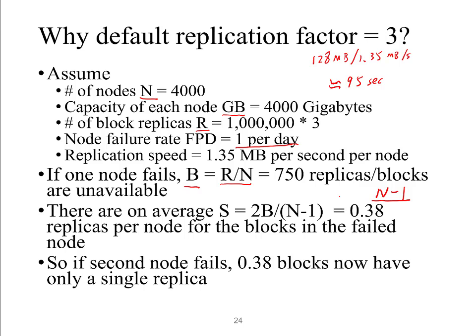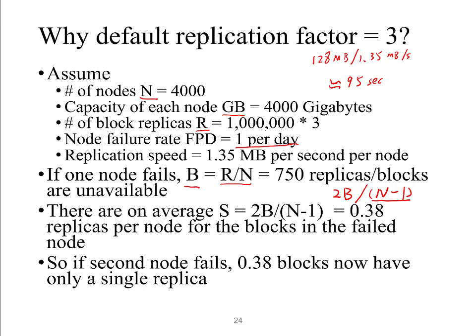And for each of these B blocks or replicates, there are 2 replicates of that block on the other data nodes, which means on these N minus 1 data nodes. So we have 2B blocks on N minus 1 other nodes.